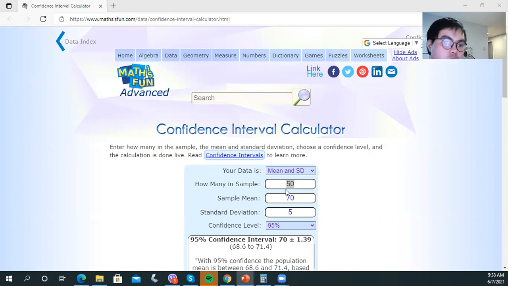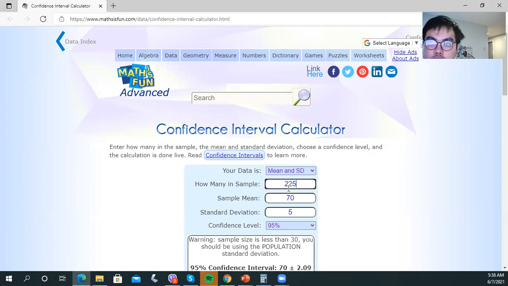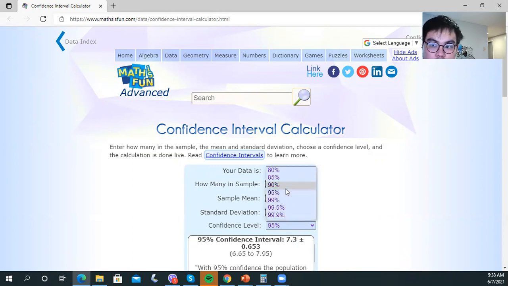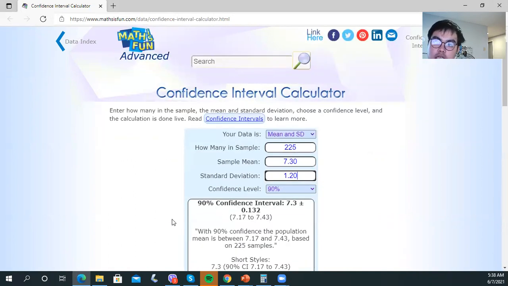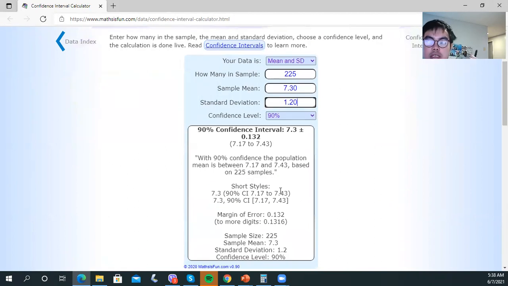Let's say this is 225. I'm going to type 225. Then the sample mean is 7.30, the confidence level is 90, and the standard deviation is 1.20. So here is the confidence interval. The confidence interval has been given for you.